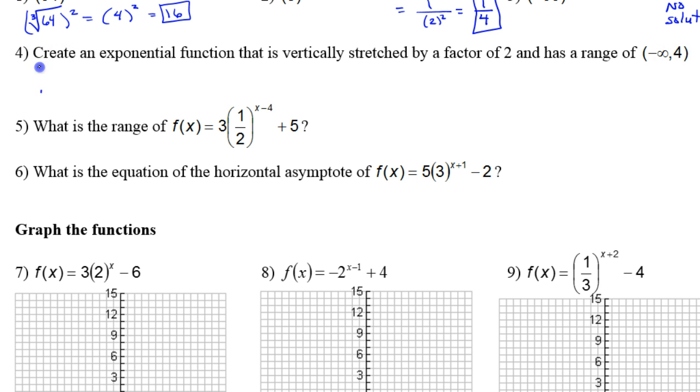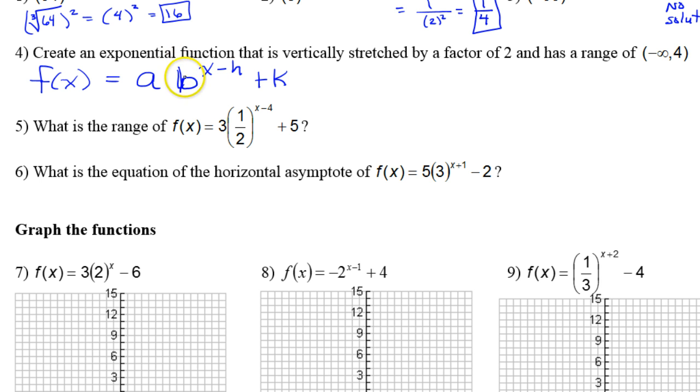Now keep in mind that the general model for an exponential function is a times b to the x power. And then if we start shifting things around, we can have x minus h, that's a left or right shift, and then we can have plus k, and this would be an up or down shift.